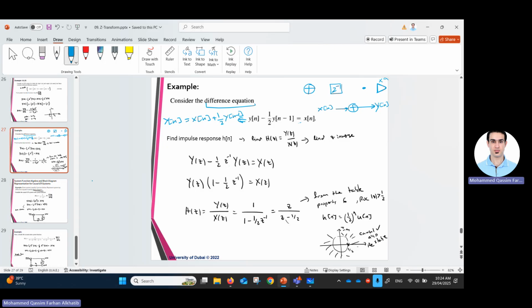All right, so I have y of n equals x of n plus, this is the summation, a shifted version of y of n. So I have y of n here. I will make a delay. What was the block for the delay? Z negative 1. So in this case, I have y of n minus 1. Then it is scaled by 1 over 2.